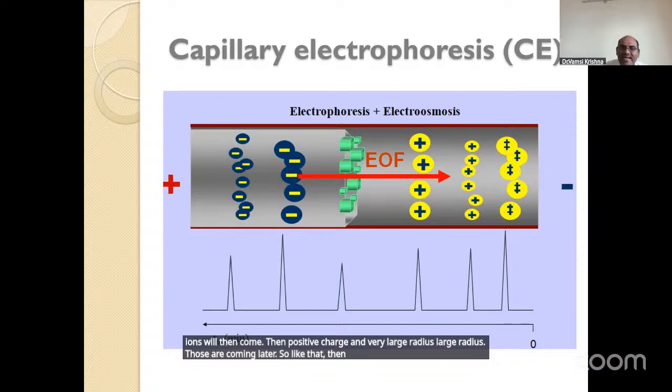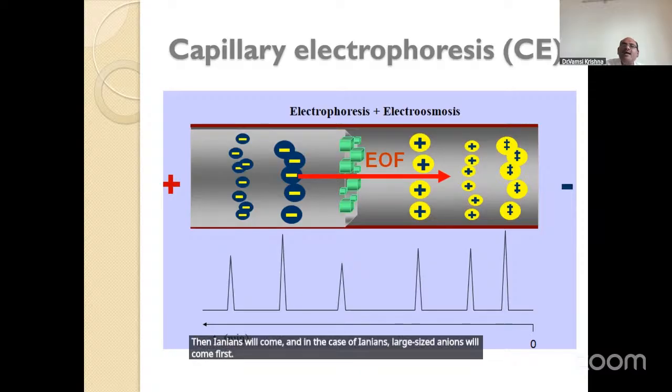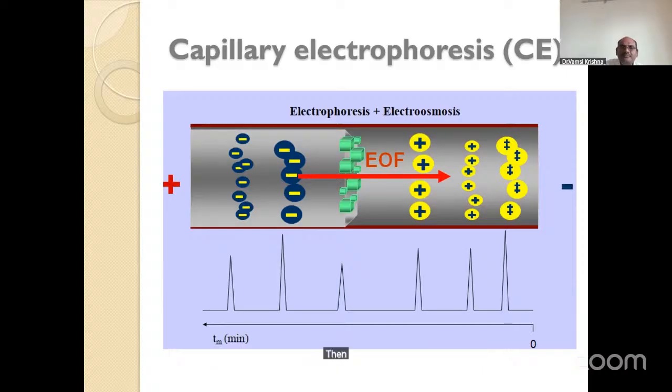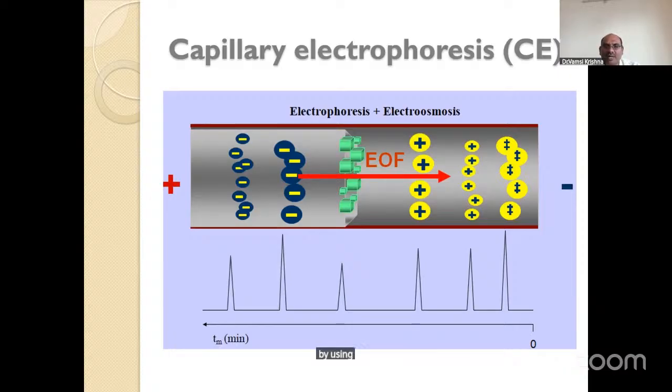Then neutral analytes will come. Then anions will come, and among anions, large sized anions come first and small sized anions come at the end. Like this, our biopharmaceuticals are separated based upon charge in capillary electrophoresis by using electroosmotic flow and electrophoretic mobility.